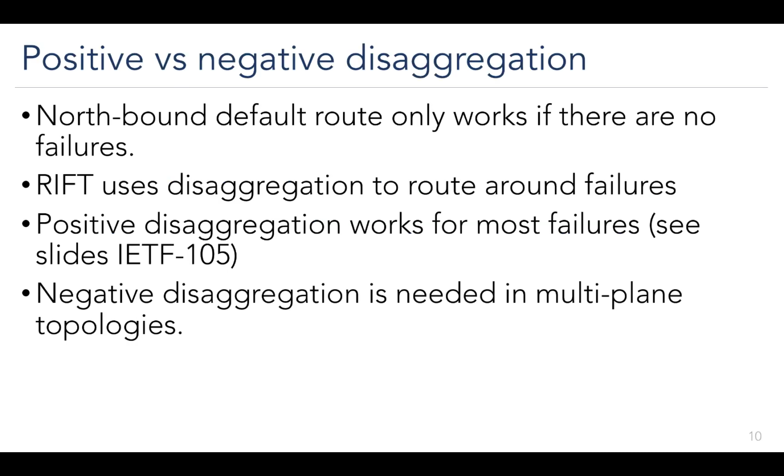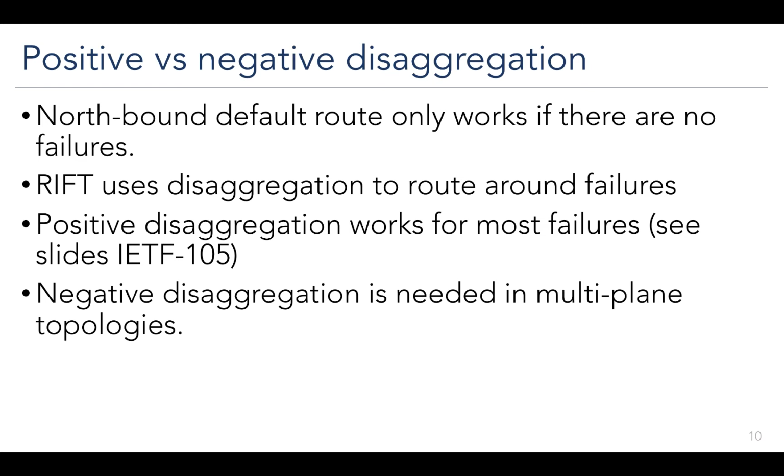Before I get into the details of negative disaggregation, let me first say a few words about disaggregation and Rift in general. One of the defining features of Rift is that it uses a default route for northbound traffic. That default route works fine as long as there are no failures anywhere in the topology.